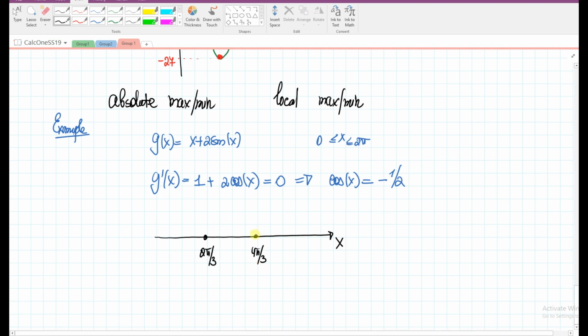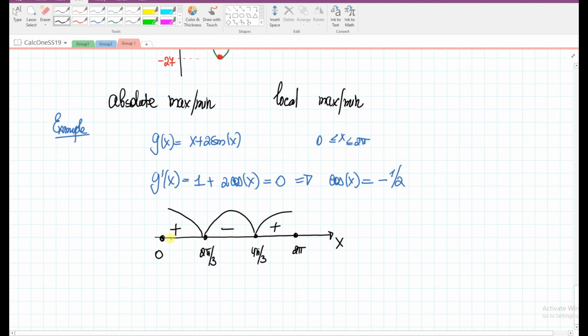Now we can determine the sign of the derivative in these regions. I need to put 2 pi here and 0 as well. There are 3 different regions. Between 4 pi over 3 and 2 pi, this is positive. Between 2 pi over 3 and 4 pi over 3, this is negative. And between 0 and 2 pi over 3, this is positive again.